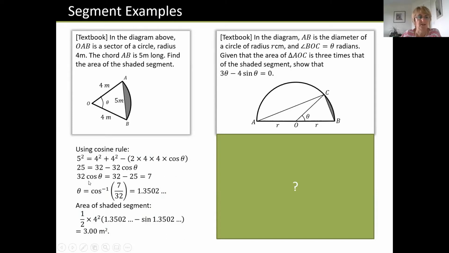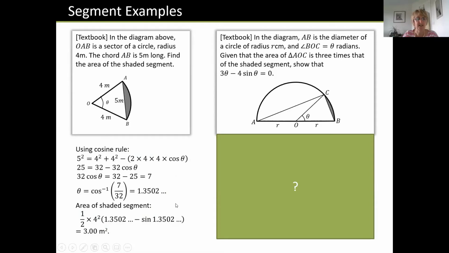That means 32 cos theta is equal to 7. So therefore cos theta is equal to 7 over 32. And theta is equal to the inverse cos of 7 over 32. If you do that on your calculator, don't forget you need to set it up in radians first. So once we've got theta, theta is 1.3502 radians.